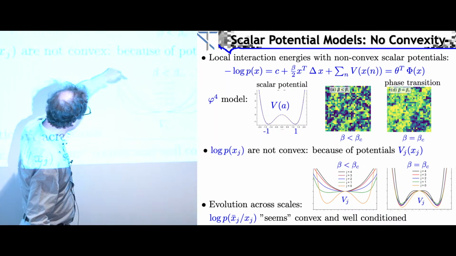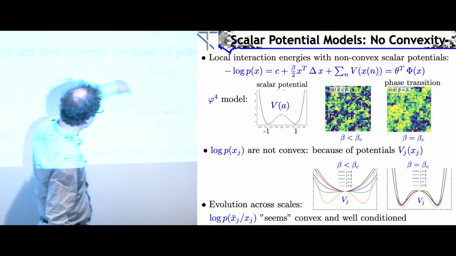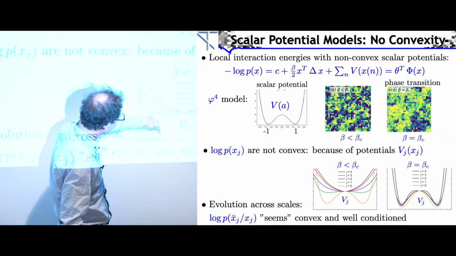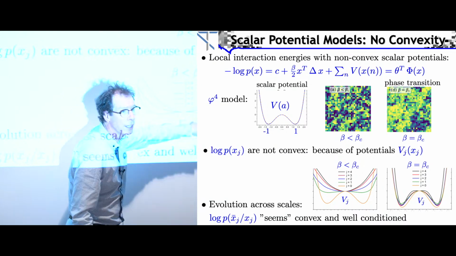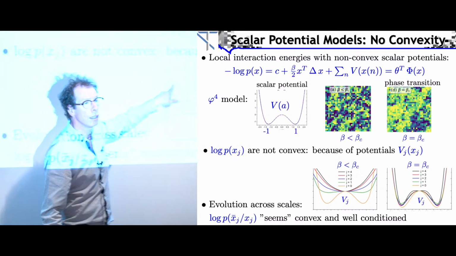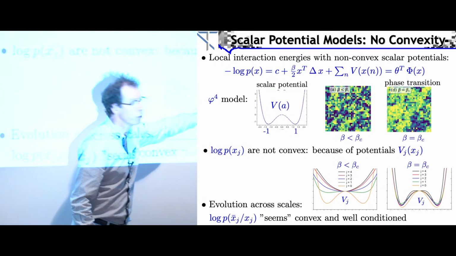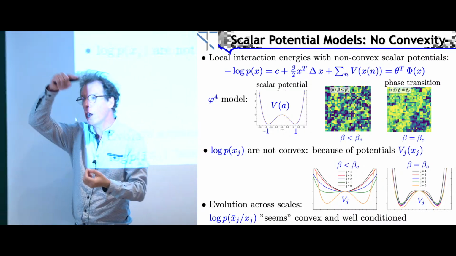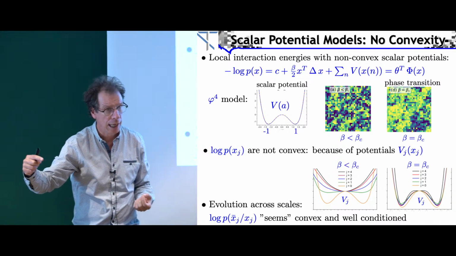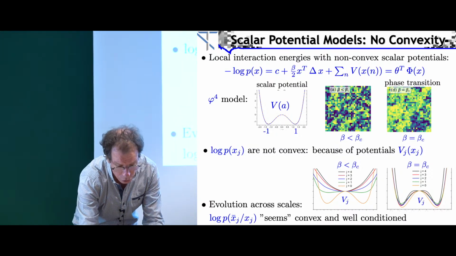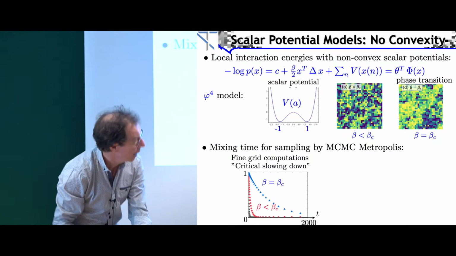Because essentially at coarse scale, if you have a sample, you already more or less know you are moving like this. You never have to go from here to here. You go from here to here at the coarse scale, which puts you here or here, and then you go like here. So you don't go across the barrier, and this is what allows you to sample without facing the non-convexity problem.